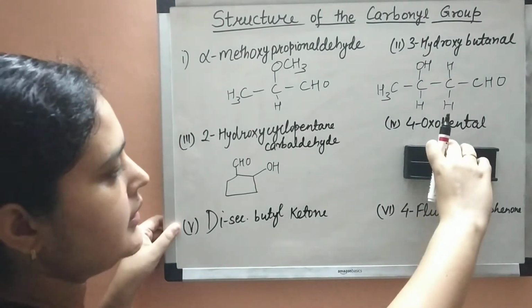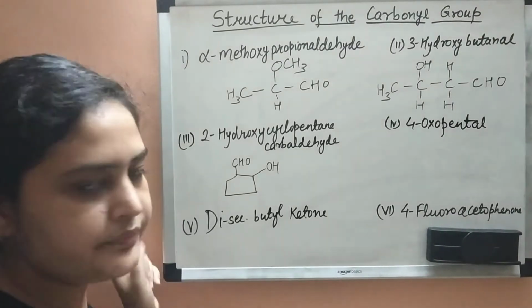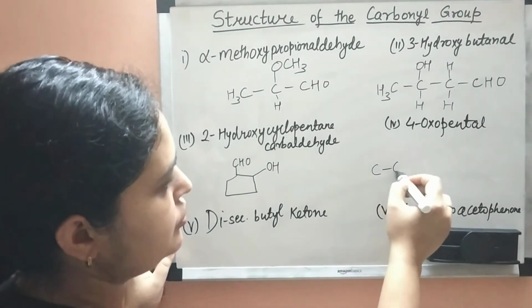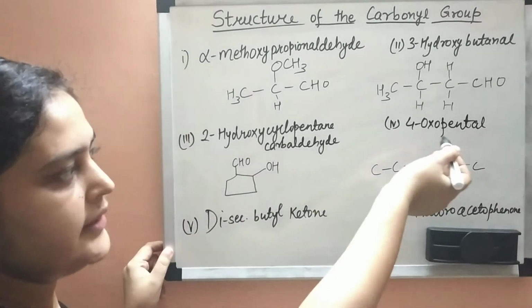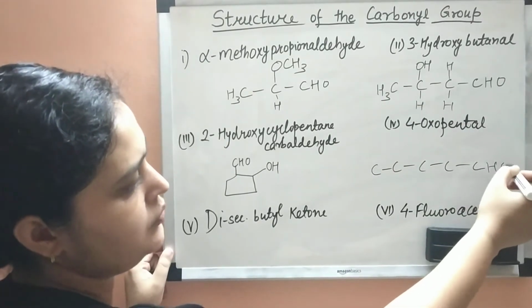Next is 4-oxopentanol. Pentanol means there are 5 carbon atoms. So first we will write 5 carbon atoms, 1, 2, 3, 4, 5. Now at the first position there is al, that is aldehyde, so CHO.